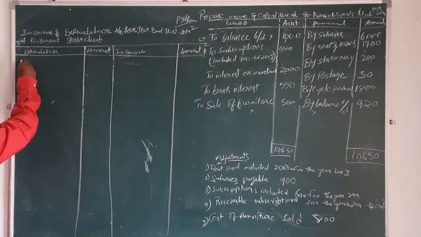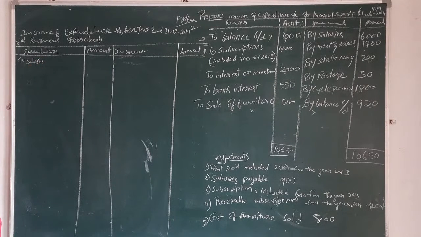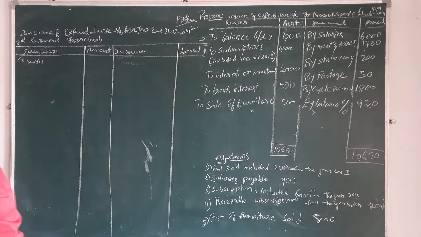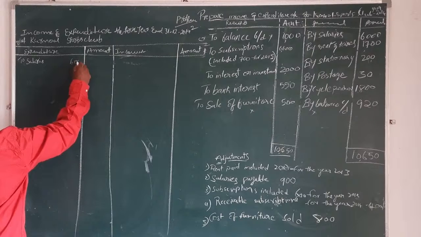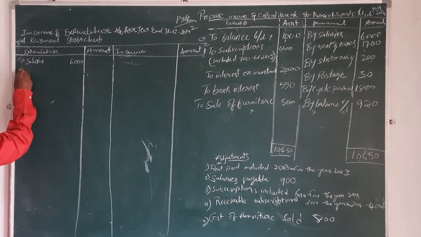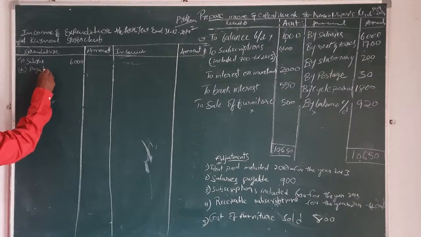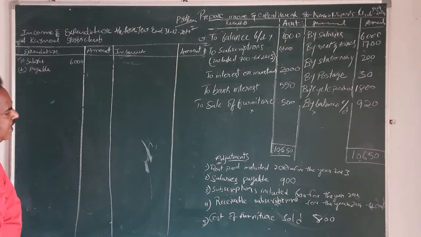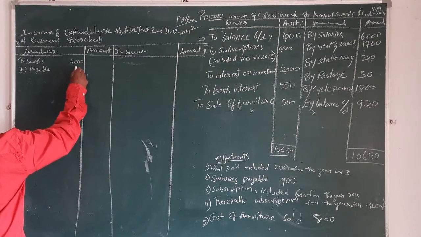To salaries 6,000, plus payable or outstanding salaries. Payable or outstanding salaries in the adjustment was given 900.